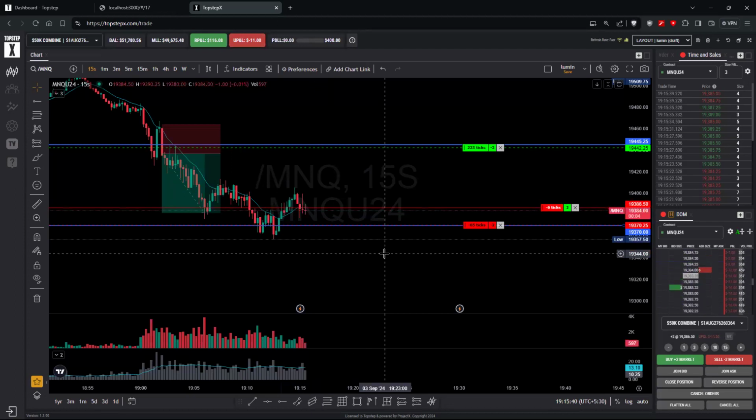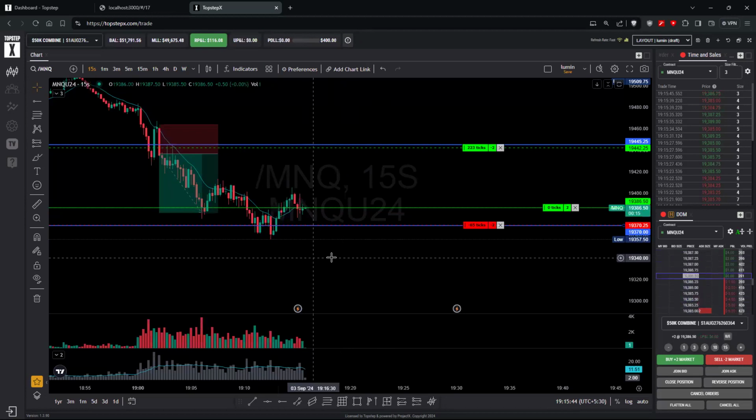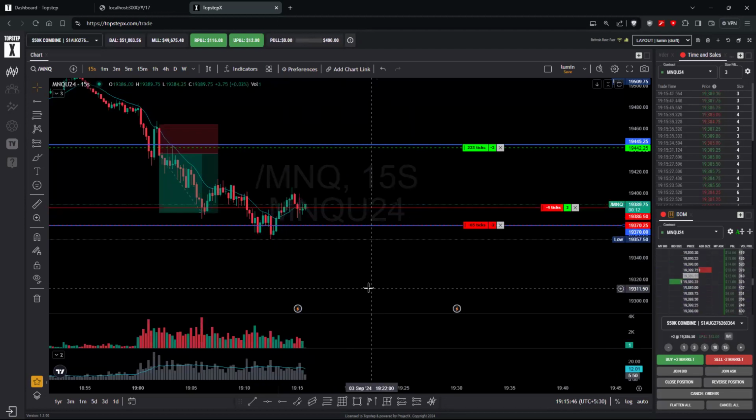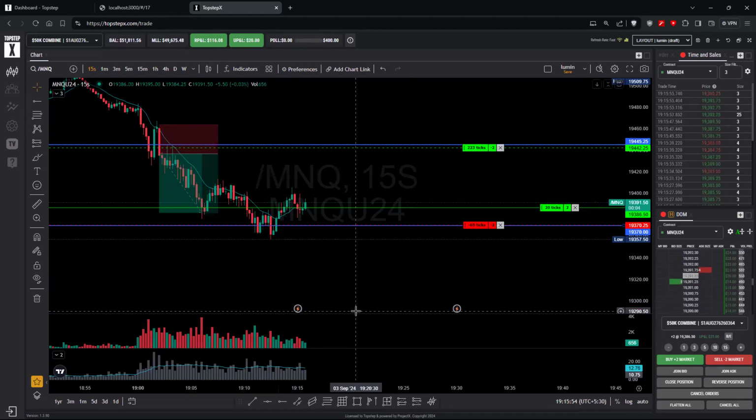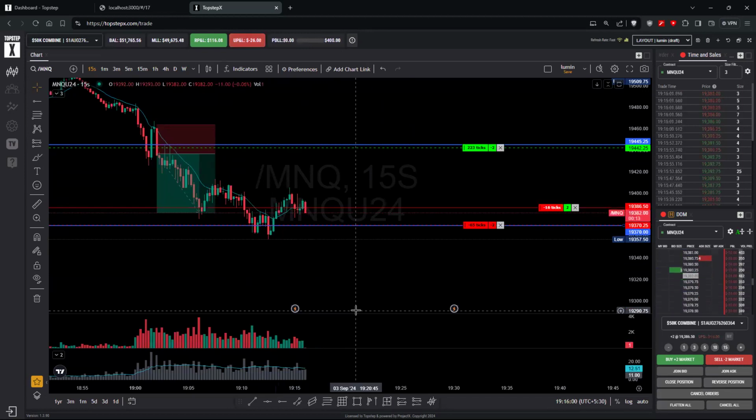This is how I trade, and it's good that you guys can see some losses, so that you get an idea of how I can take three losses in a row and only one profitable trade, and still be positive on that day. That would be a pretty good example to show you guys.